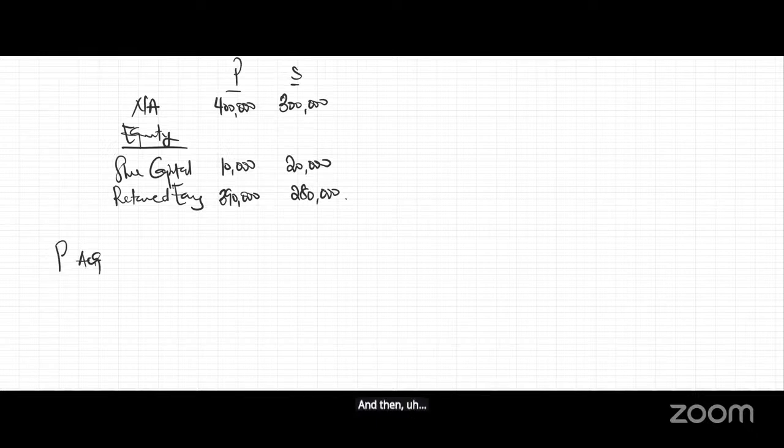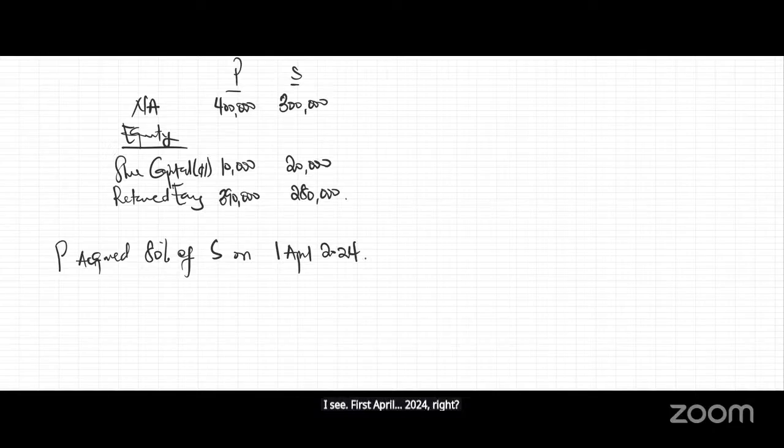P acquired 80% of S on 1st April 2024. They didn't give it, but in the P&L, let's say profit after tax for the period for S, assuming everything accrued evenly, was actually 80,000.